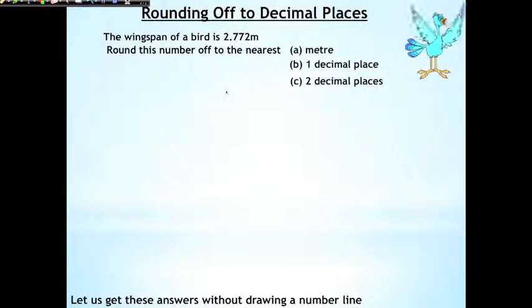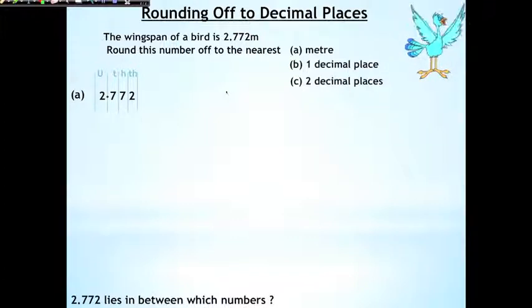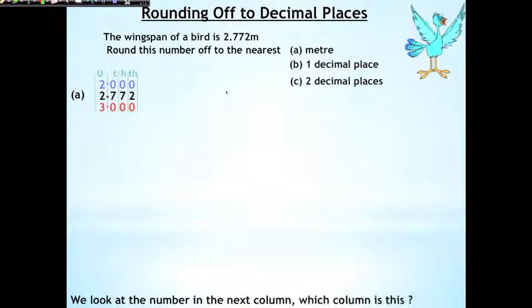For the first one, we've got 2.772, and to round this off to the nearest whole number, we need to think, which numbers does 2.772 lie between? So we're looking at our units column, because that's for the nearest metre, and then we have to look at the one after that, so that's my tenths column.